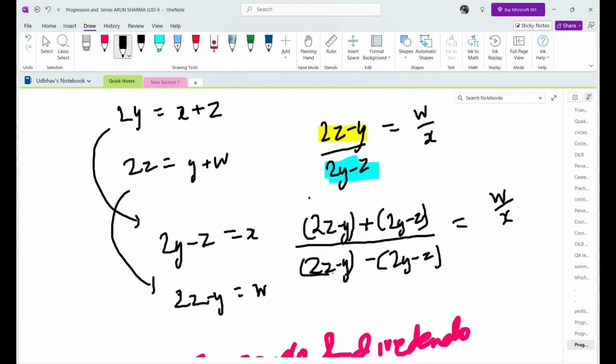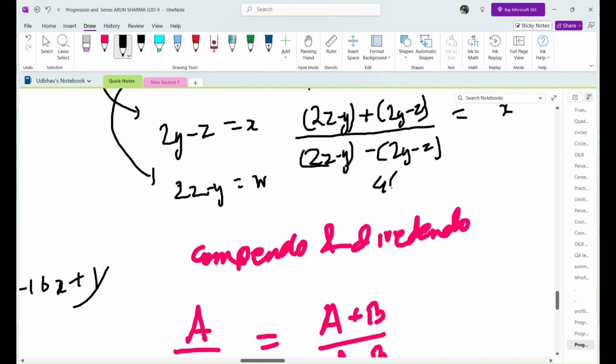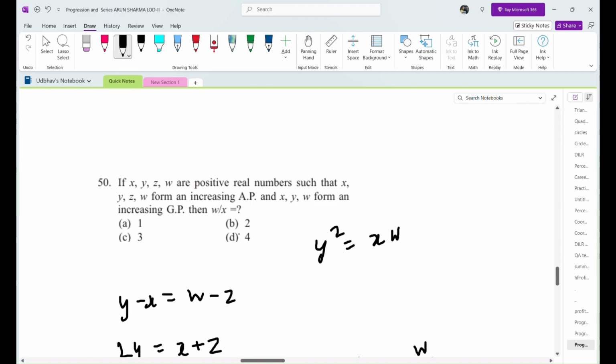So if you solve this, you will get 4z minus y upon z minus y equals to w upon z.